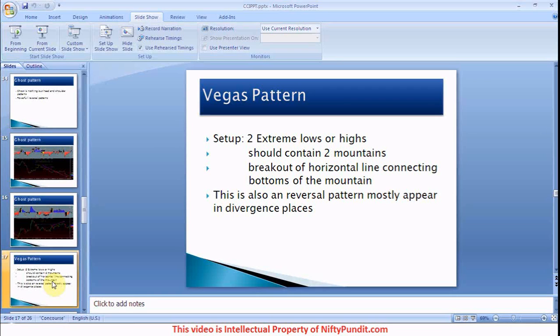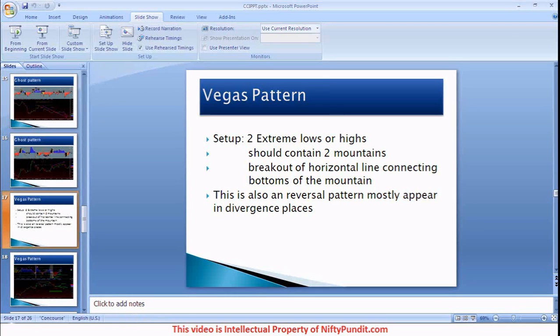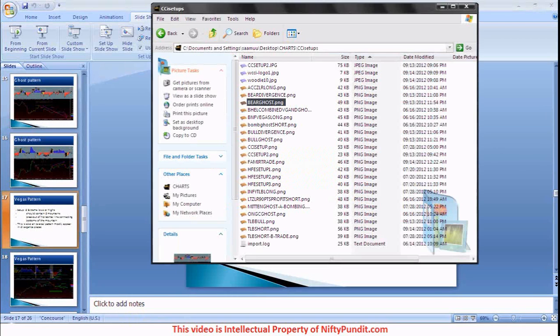The breakout of the horizontal line connecting the bottoms of the mountains, we call it the Vegas pattern, and we'll trade for the reversal in that. This is also a very powerful reversal pattern. Mostly it will appear with a divergence. Let's see an example of Vegas.